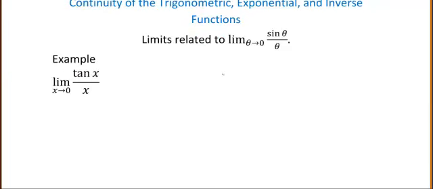This is the limit as x approaches 0 of tangent x over x. Well, this would be the same thing as the limit as x approaches 0. Tangent is sine over cosine, so this would be sine of x over cosine of x times 1 over x.